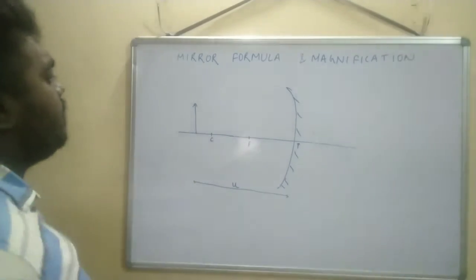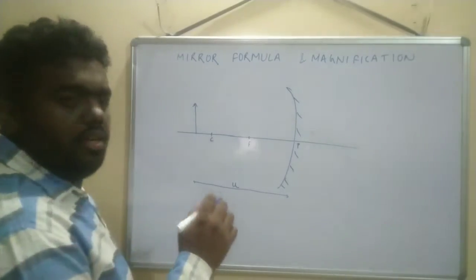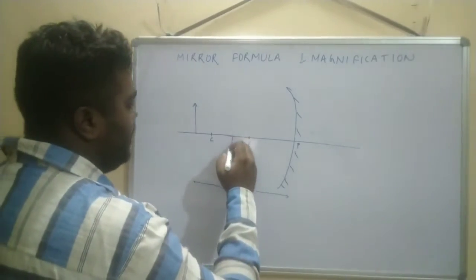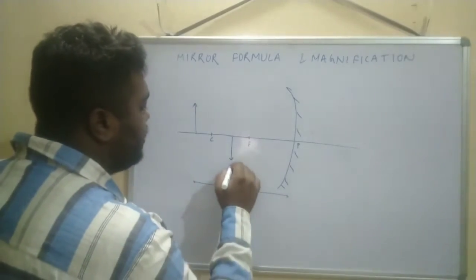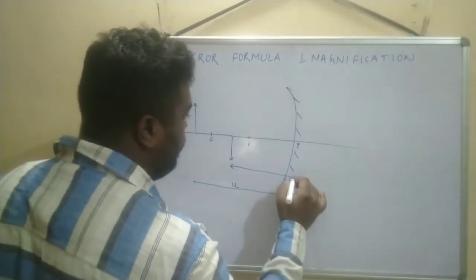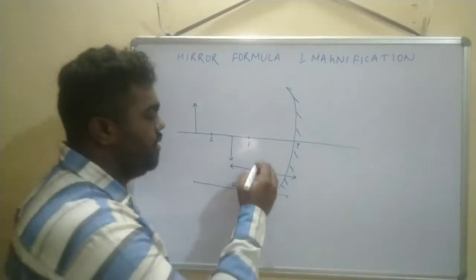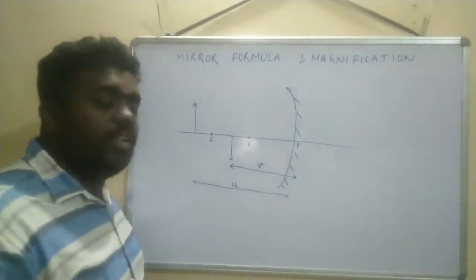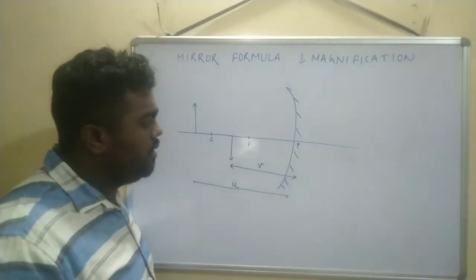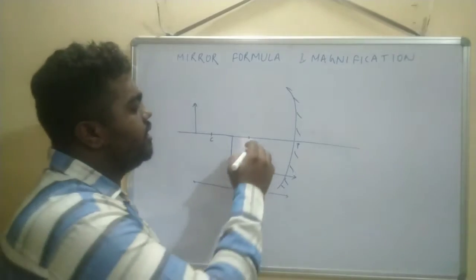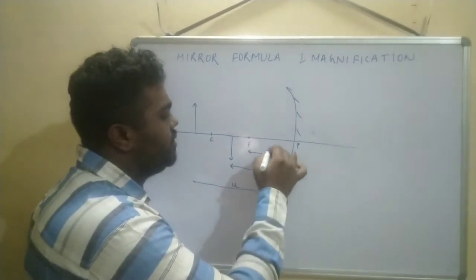Now from this object there will be an image. Image will be formed somewhere here. The distance between the image and the pole is denoted by small v. Now the distance between the focus and the pole is focal length.